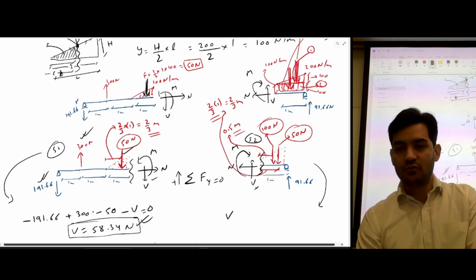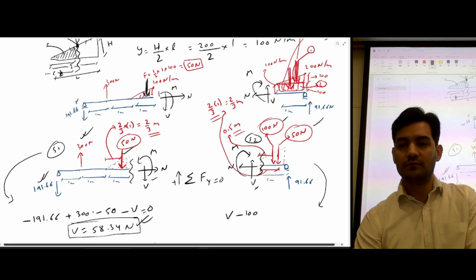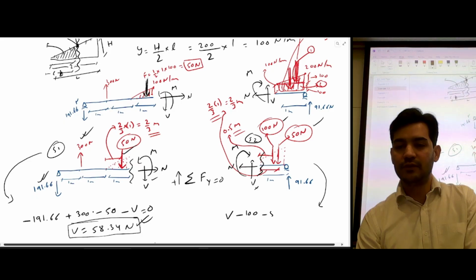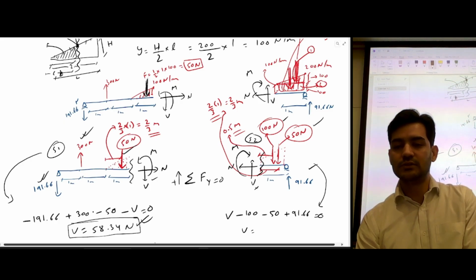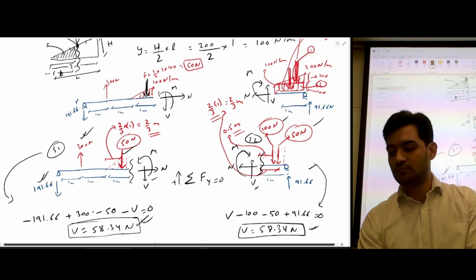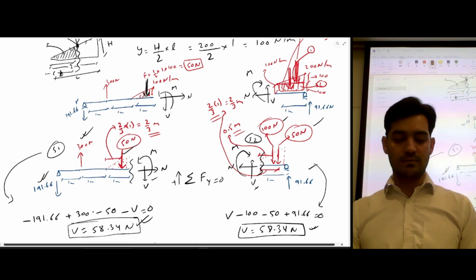And then we have a force negative 100, then we have another force negative 50, and then this force is acting upward, so positive 91.66 is equal to 0. So if you solve this, you should get the same value. If not, we have made some mistake.